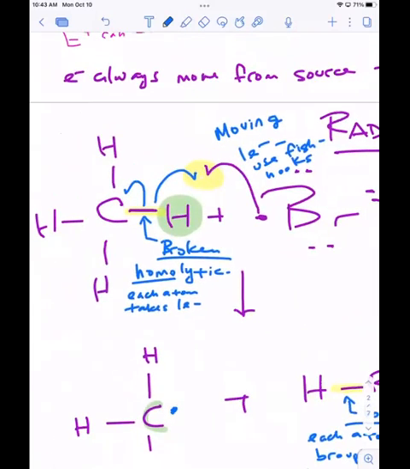So when I break a bond homolytically, that's a radical process. In a radical mechanism or radical reaction, there are no nucleophiles and electrophiles. Everything is equal, right? So homolytic, homogenic, heterolytic, heterogenic, depending on the type of mechanism. No nucleophiles or electrophiles.